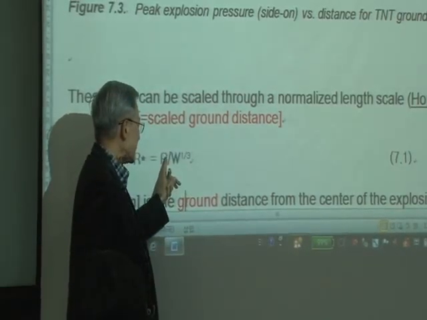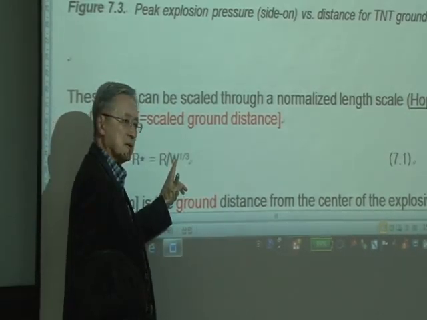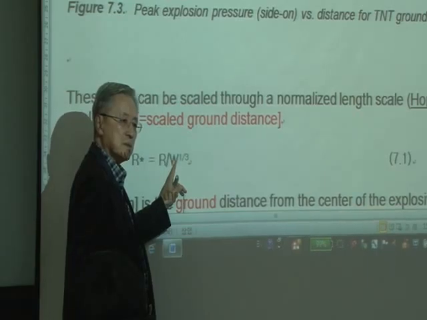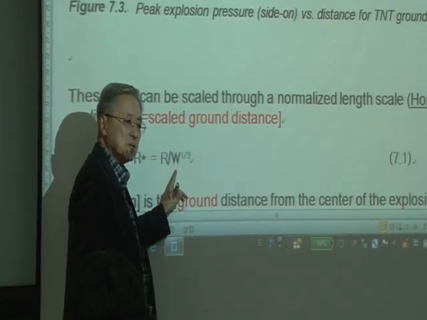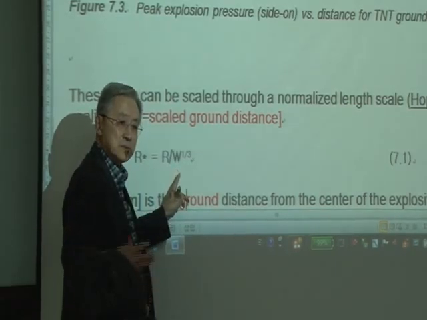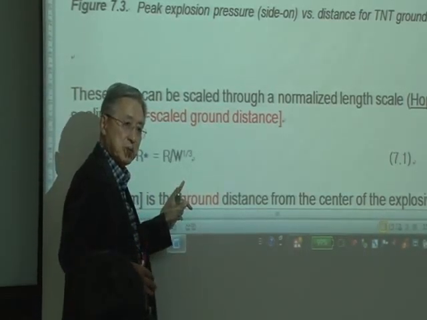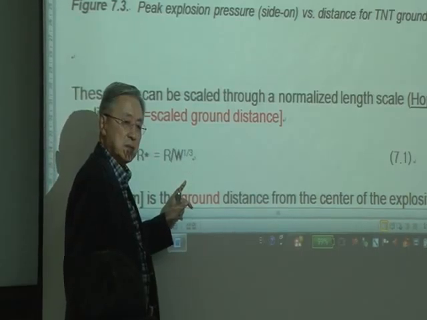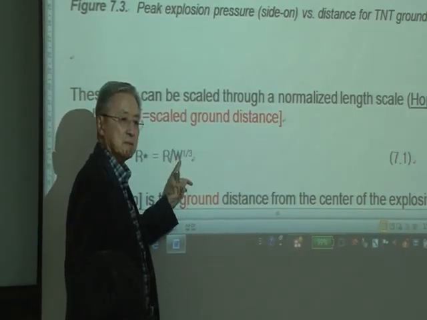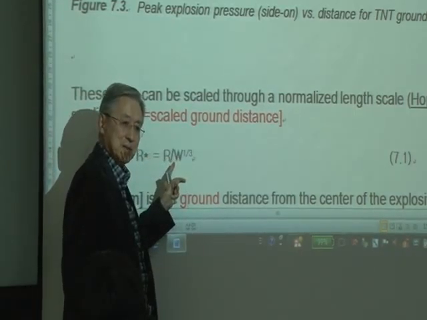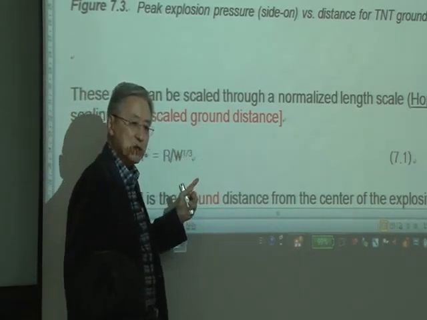So this is a length scale, and this is a mass scale. Mass is rho times V. Rho is invariable, the same mass density between the prototype and the model. So this becomes really L. So length is really L.